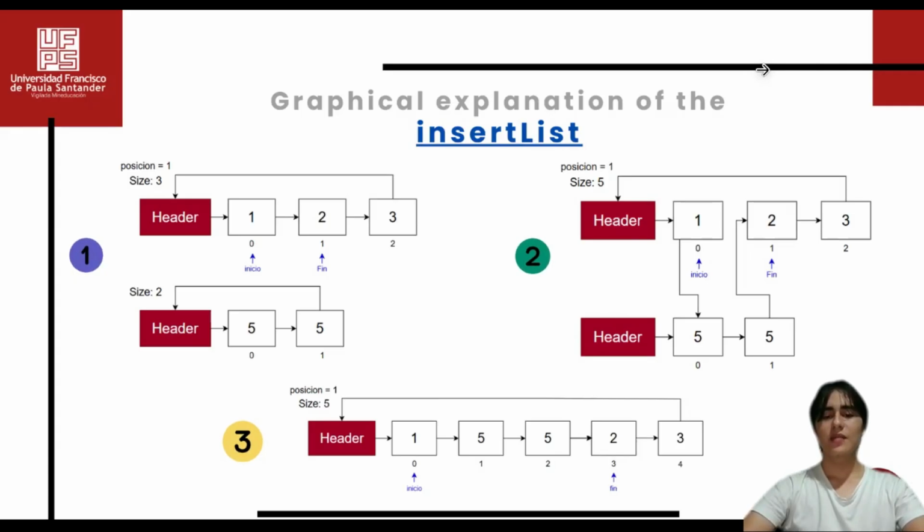Next, we make start point to the head of the second list, and then make the last node of the second list point to the end. The list size increases by the size of the inserted list. If the first list is empty, the head of the first list becomes the head of the second one, and the last node of the second list connects back to the head, maintaining the circular structure.